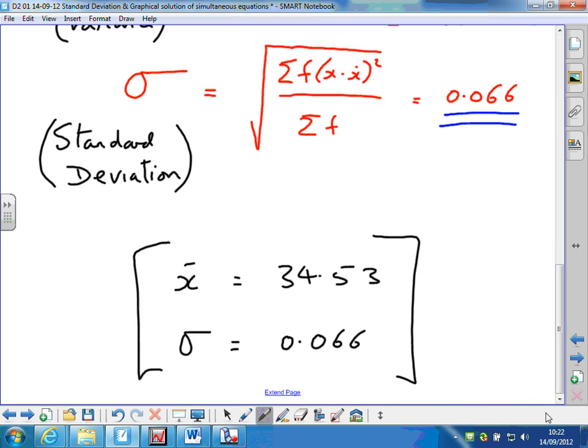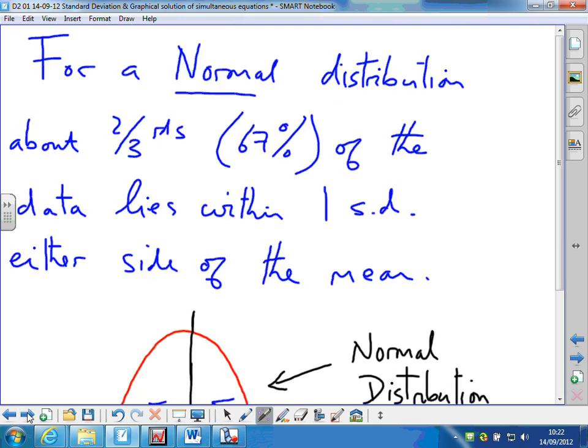So 34.53 plus 0.066, and 34.53, which is the mean, minus 0.066. If I work out what they are, I can say with a reasonable accuracy that 2/3 of the data I've got lies within that range. And the other parts are outliers that we might ignore, these other bits of the data.